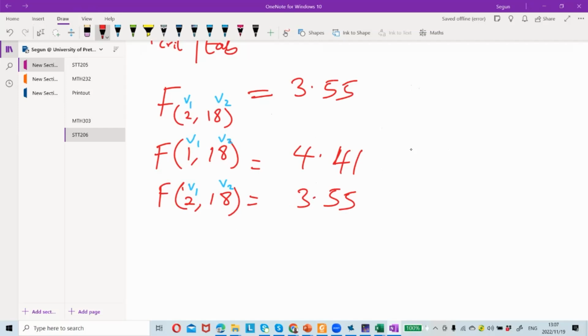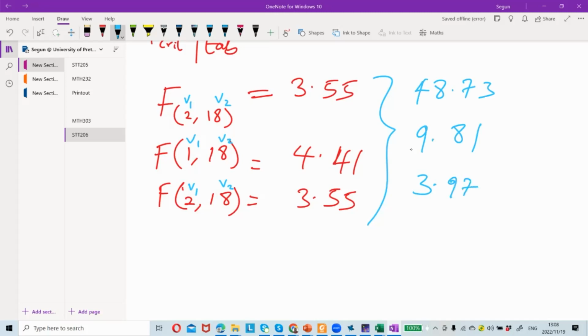So we can now begin to compare and contrast. In this case, our F calculated is 48.73, 9.81, and 3.97. Which one is greater than? Which one is less than? Check it.